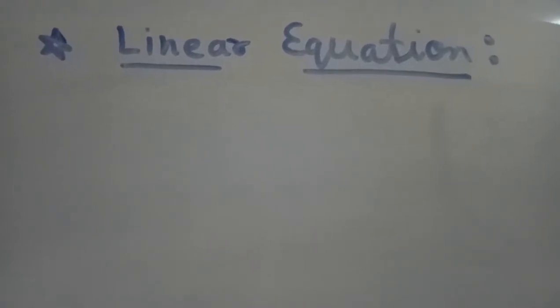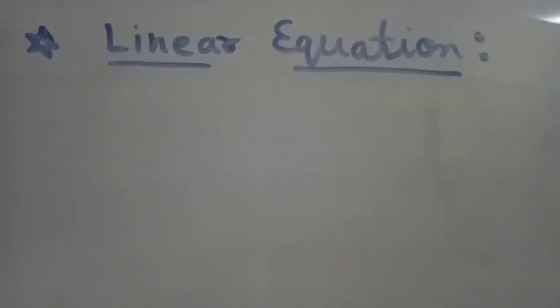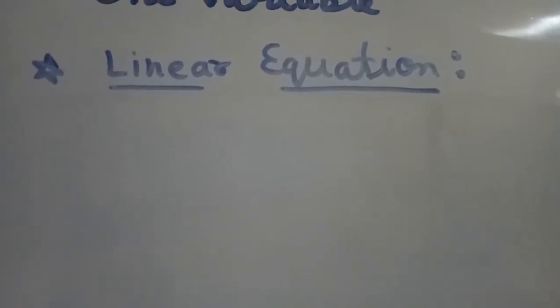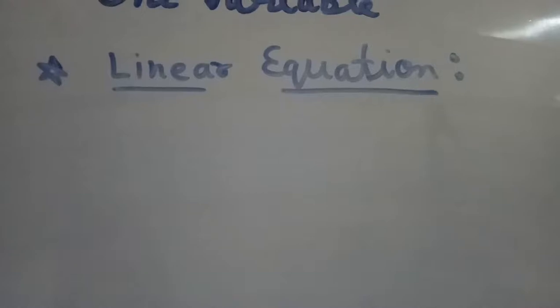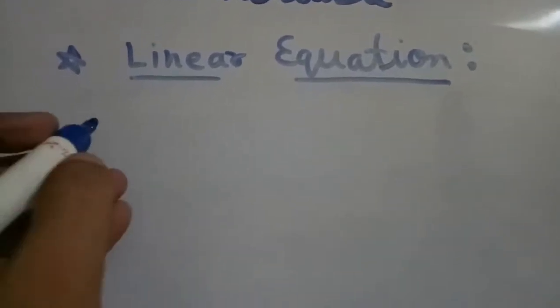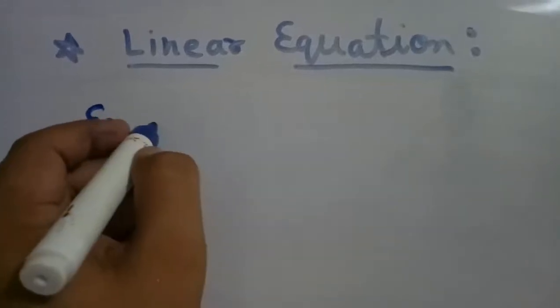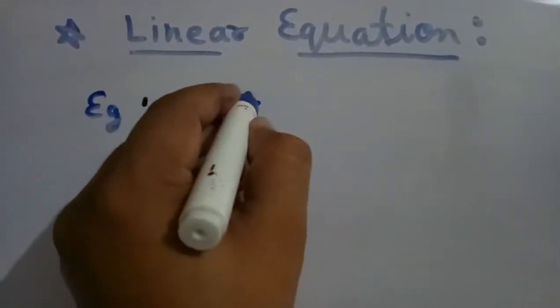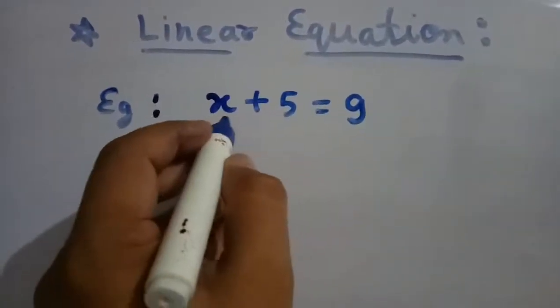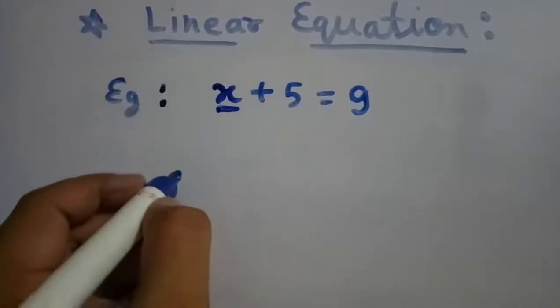Student, the next part, what is a linear equation? A linear equation is an equation of a line. It may have one or two variables. Example of one variable: x plus 5 is equal to 9. This is an example of a linear equation in one variable.